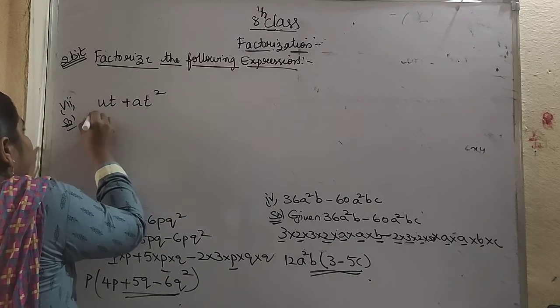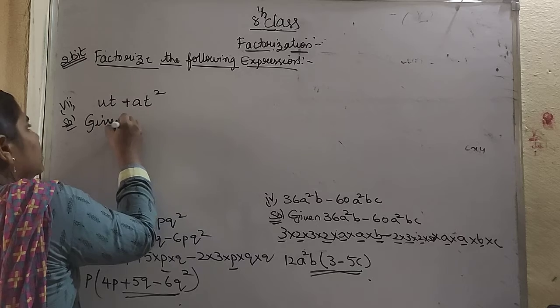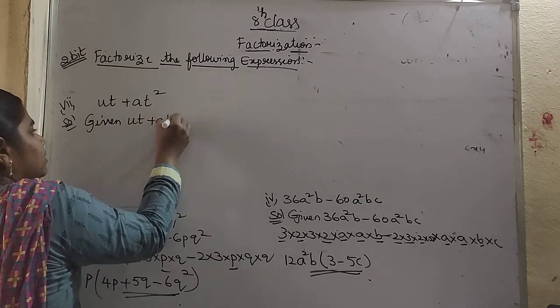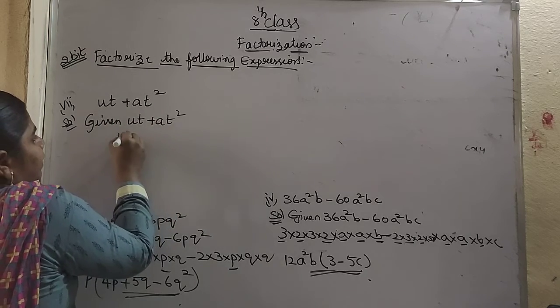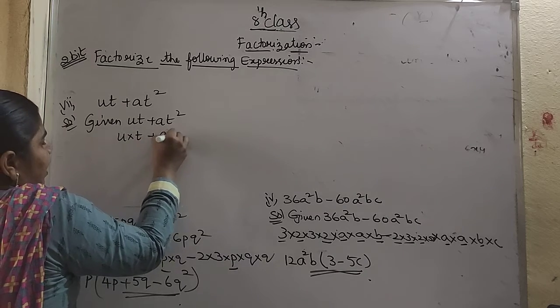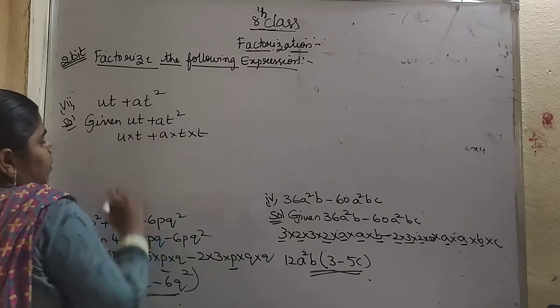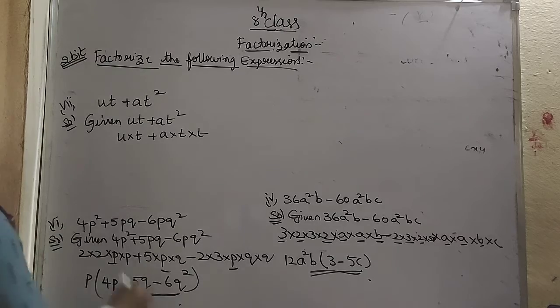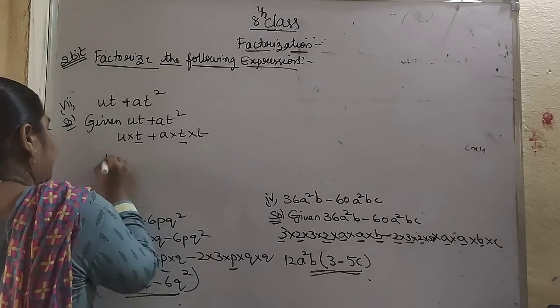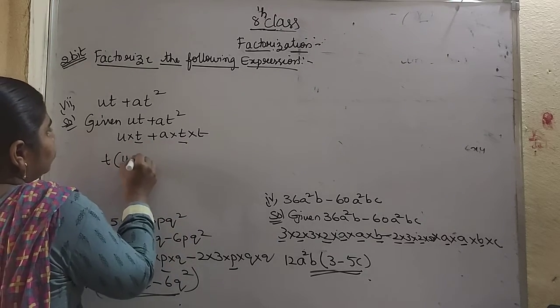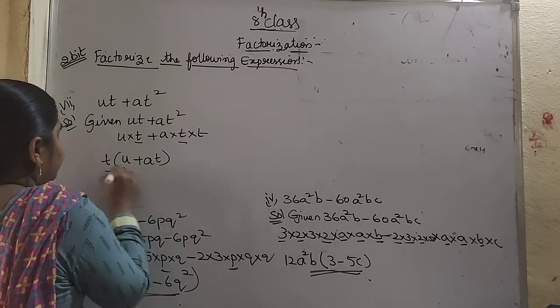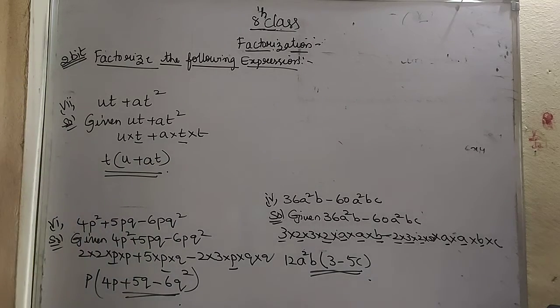So how to factorize this? Given ut plus at square, ut you can write as u into t plus a into t into t. So what is the common term here? Only t is a common term. The remaining terms we have to write in the bracket. That is u plus at. So this is the factorization for the seventh bit.